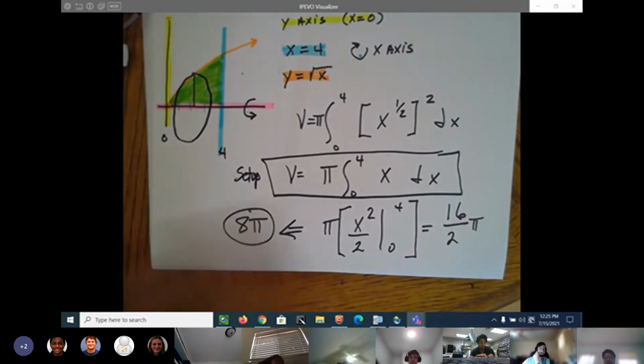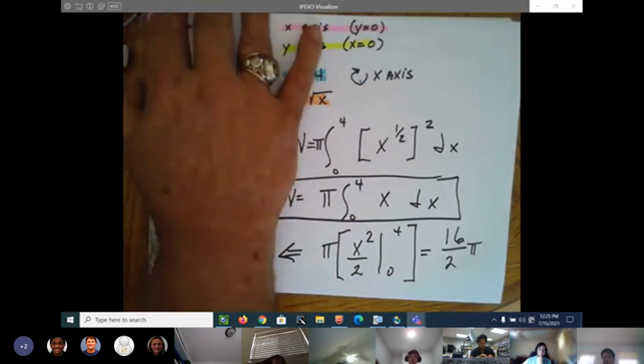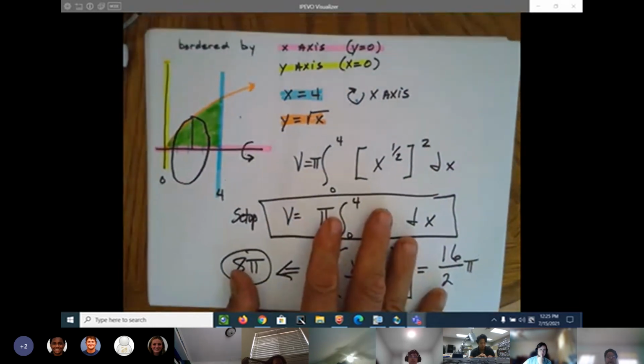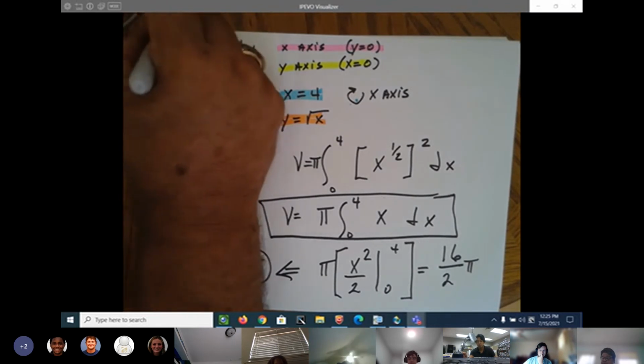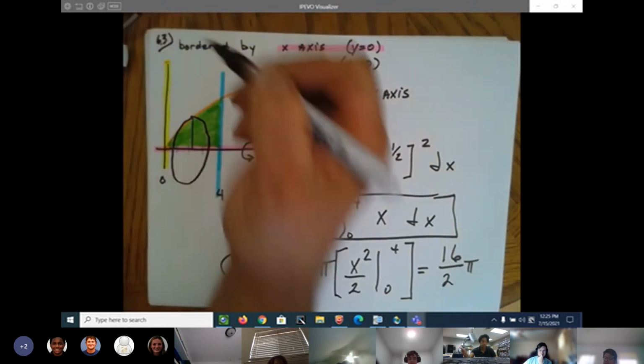Okay, and that is 6.2? 6.2 is difference between two curves, isn't it? I think it is. And 6.3 is disc and washers, I think.